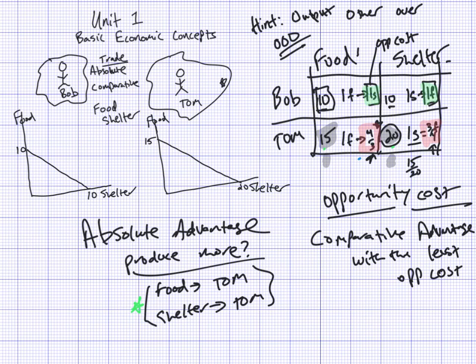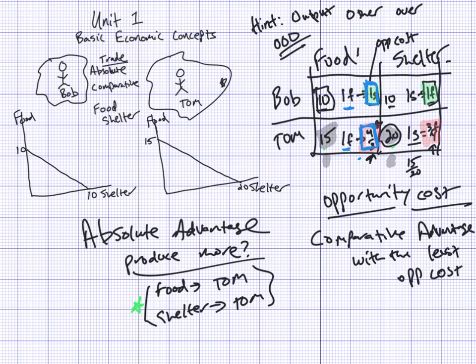So look at it like this. If Bob makes a food, he has to give up 1 shelter. But if Tom makes that exact same food, he has to give up 4 thirds of a shelter, right? So who's giving up more shelters in order to make a food? You could make this food, or you could construct a shelter.